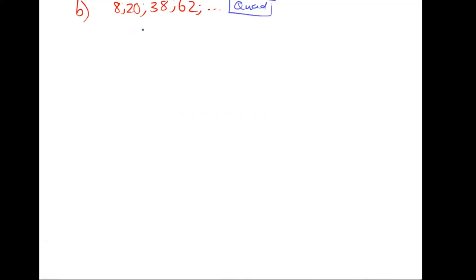So let's do our differences. 20 minus 8 is 12. 38 minus 20 is 18. 62 minus 38 is 24. If this was a linear pattern, that would be equal, but it's not, so we need to go one step further. 18 minus 12 is 6, 24 minus 18 is 6. And there we can see it's quadratic because there is a constant second difference.